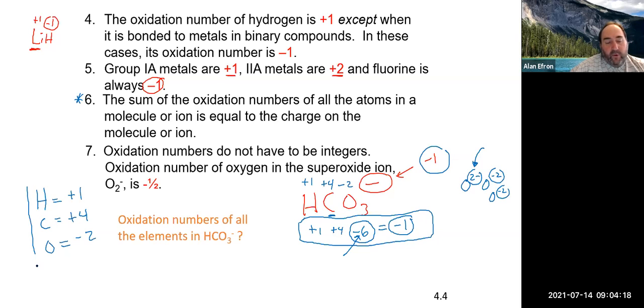So these are the correct ways, in the box on the left, to write the oxidation number: +1 for hydrogen, +4 for carbon, and -2 for oxygen. Again, looking for just the individual oxidation state of the element, not the grand total. Any questions on that there?